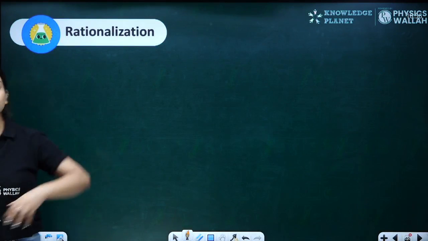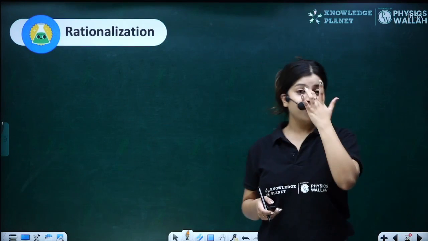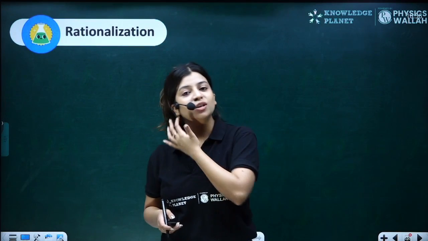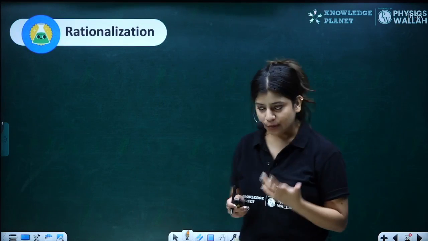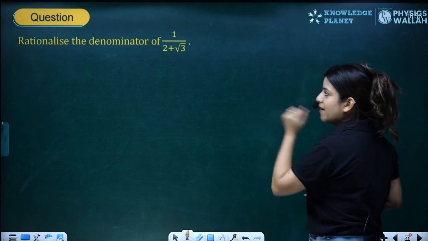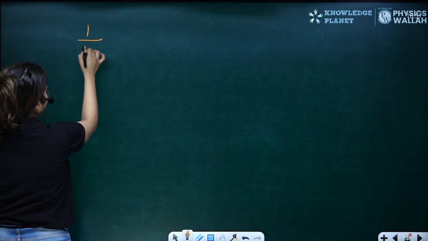In this chapter, this topic is again important. And what is the actual purpose of rationalization, students? To actually eradicate and remove the under root from our denominators. Right? Let's do it. For example, we have to rationalize this. Before this, let's do an easy example. For example, we have to rationalize 1 by root 2.